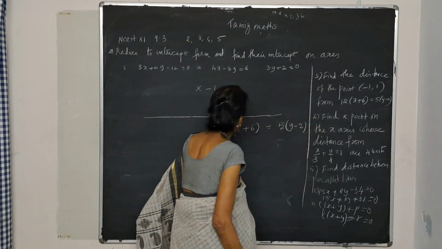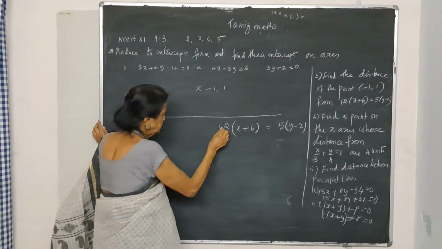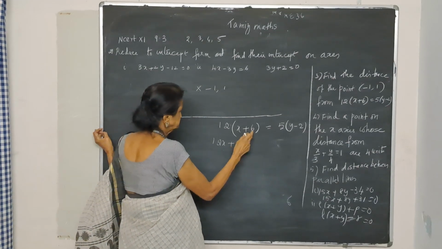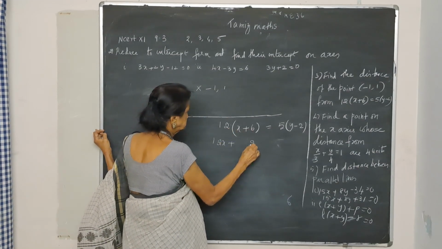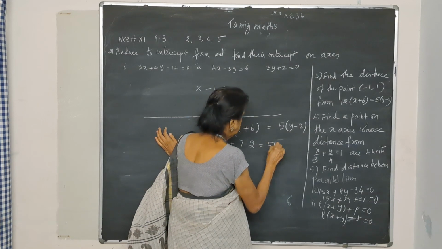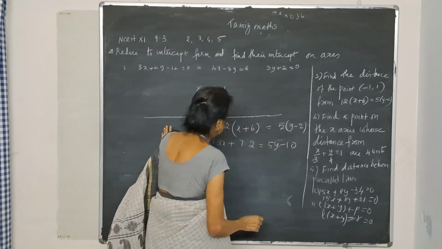Now this is 12x plus 72, equal to 5y minus 10.